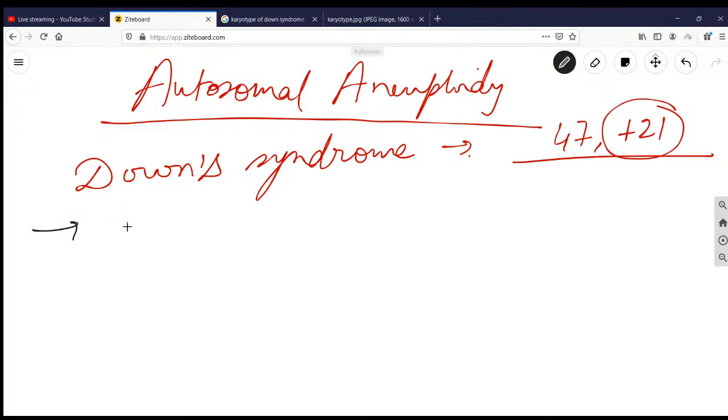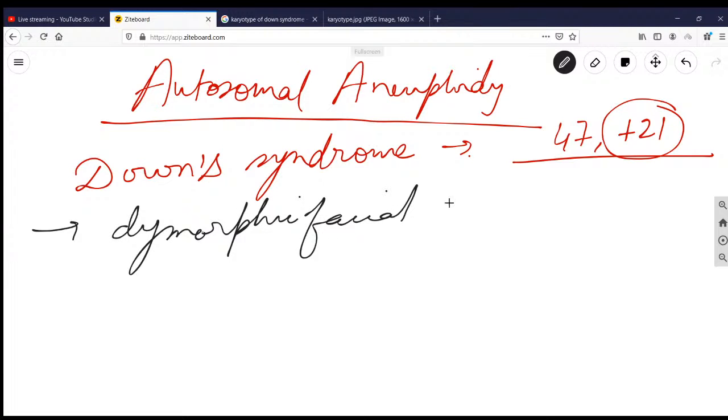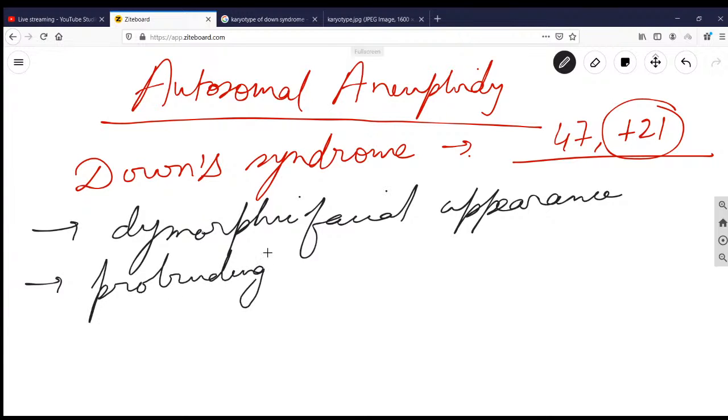That will lead to dysmorphic facial appearance, then flattened facial profile, flattened nasal bridge, protruding tongue, then mental retardation.